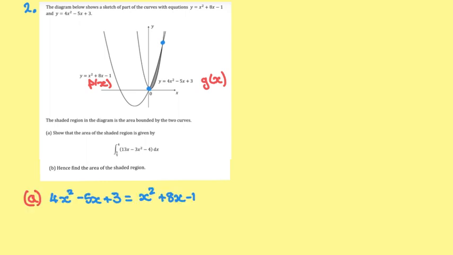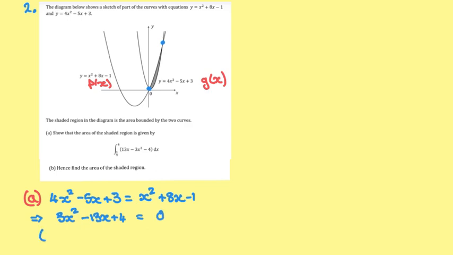At the intersection points, I know that 4x squared minus 5x plus 3 is equal to x squared plus 8x minus 1. So therefore, I get 3x squared minus 13x plus 4 is equal to 0.